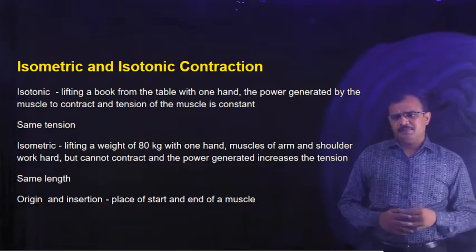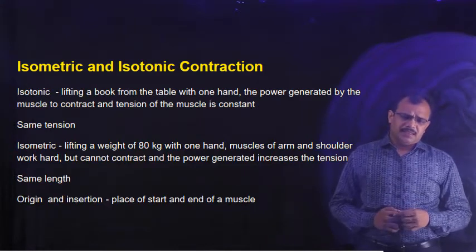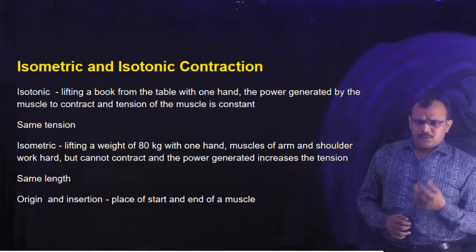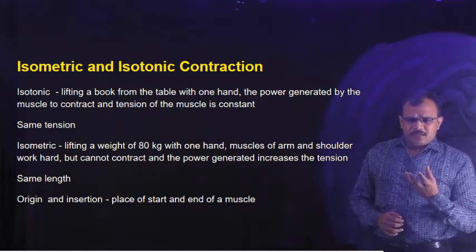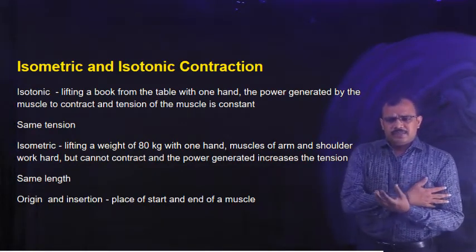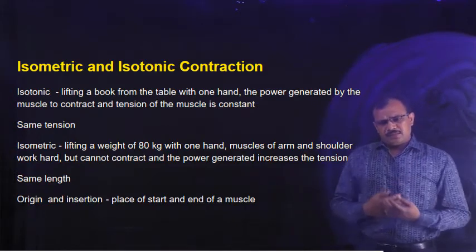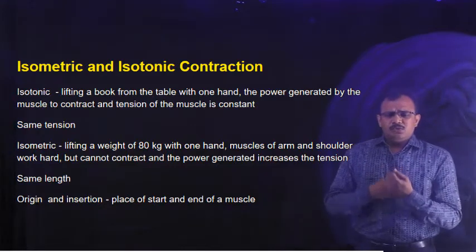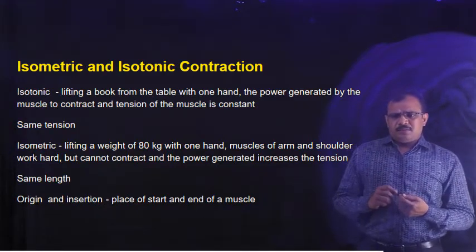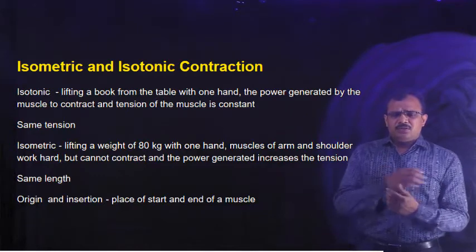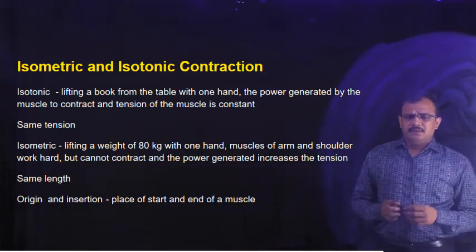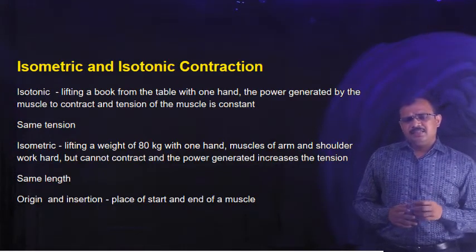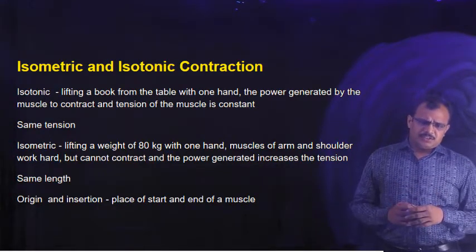Let us see an example of isotonic contraction. In isotonic contraction, we are lifting a book. When the book is lifted, the skeletal muscles in the biceps contract, and this contraction reduces the length of the muscles, but the tension generated within the muscle is constant.